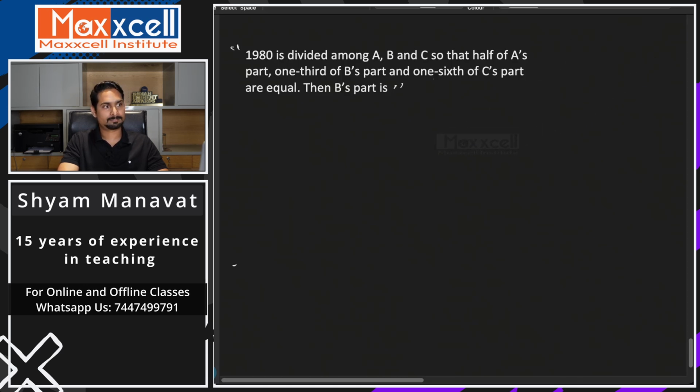Find B. Let's see how we can solve this. Let's go with the given information. Half of A's part is equal to 1/3 of B's part, equal to 1/6 of C's part.